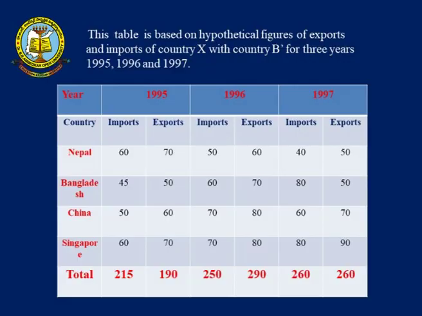This table is based on hypothetical figures of exports and imports of country X with country B for the three years 1995, 1996 and 1997. The first column represents the country, horizontally we write the years, and vertically we write the country names.